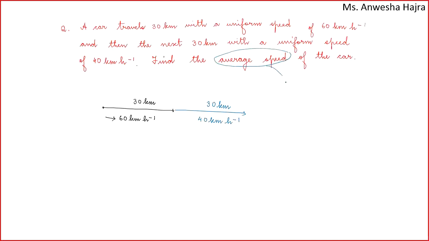Now, the definition of average speed is total distance divided by total time.